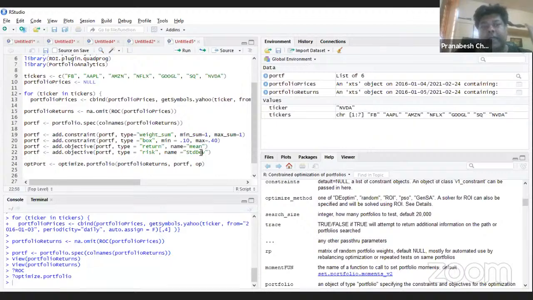My overall standard deviation should not be more than a given threshold, and the default threshold is plus minus 5% when we are not specifying the threshold. So your return and your risk should be within plus minus 5% of your overall value.